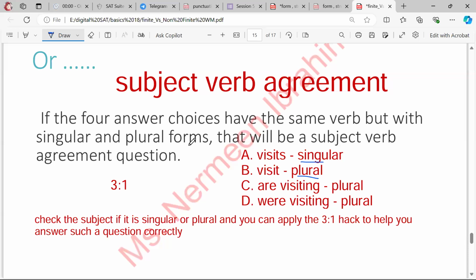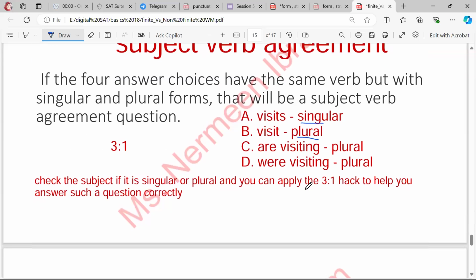Okay? So let's go for that. The choices will be like that. Visits, that's singular. Visit, plural. Are visiting, plural. Were visiting, that's plural. Even if you find the present and past, the main thing is singular and plural.